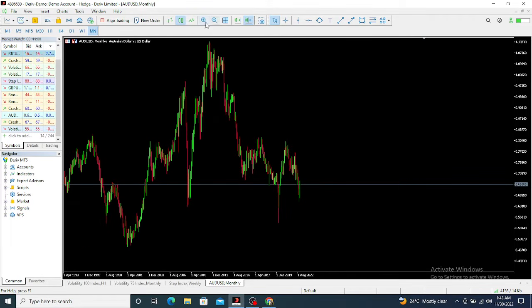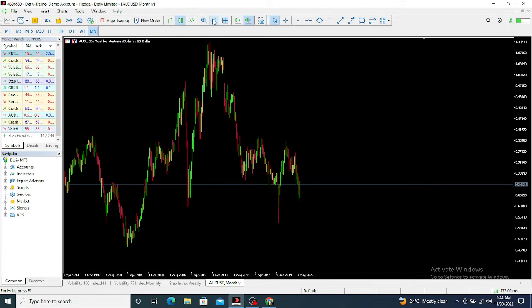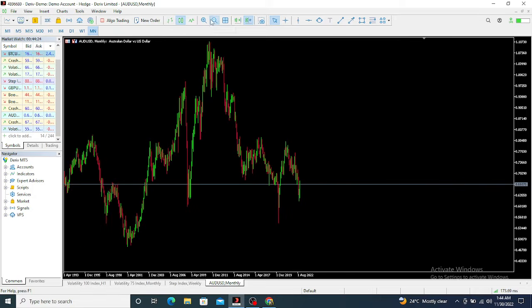These are more like your support and resistance. You look for where you have multiple candle wick rejections, which are the most obvious zones, and most especially you start from the higher time frame. This is the top-down analysis. So start from your higher time frame, which is the monthly, down to your daily time frame.